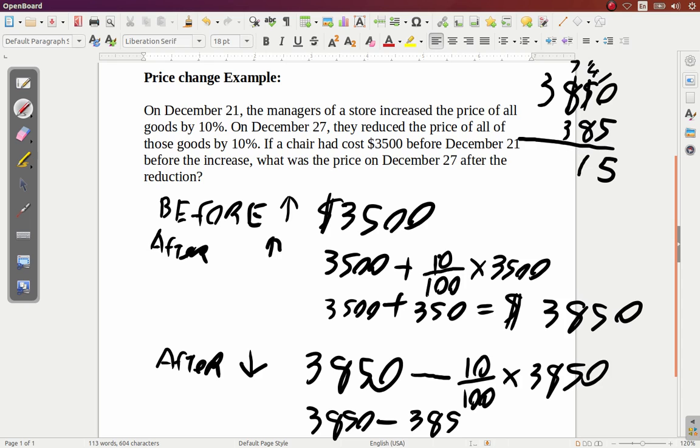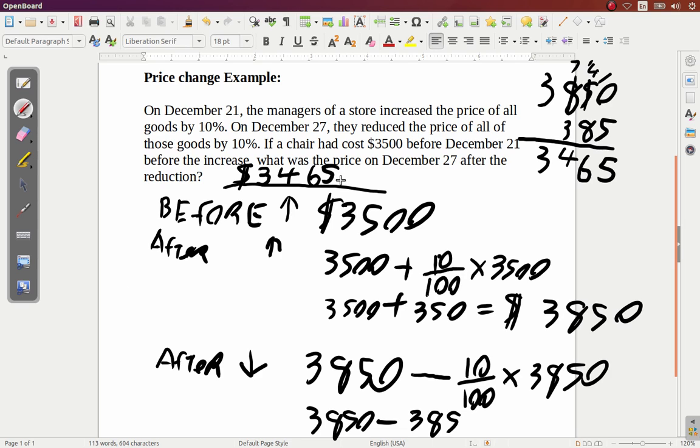So you will have 6 here. 7 minus 3 is 4. And 3 minus 0 is 3. So the final cost is, let me write it down here, $3,465.